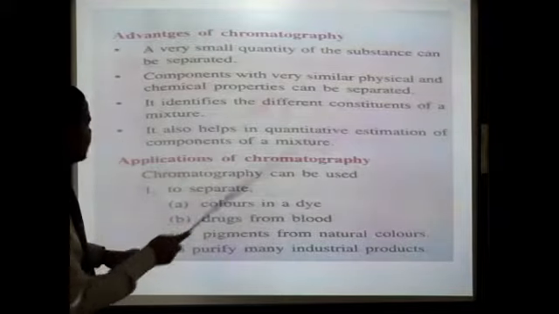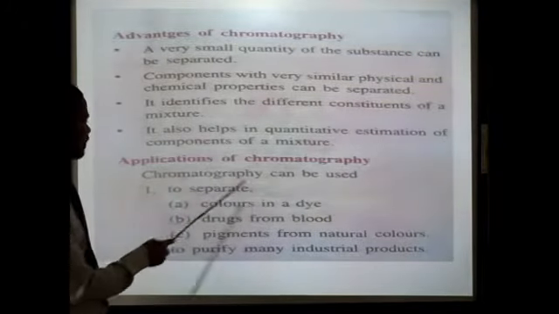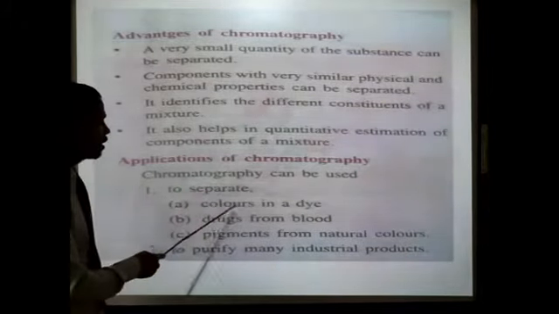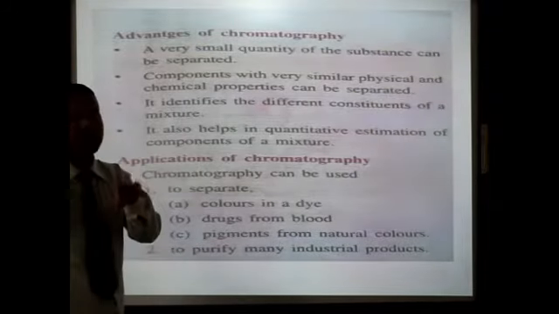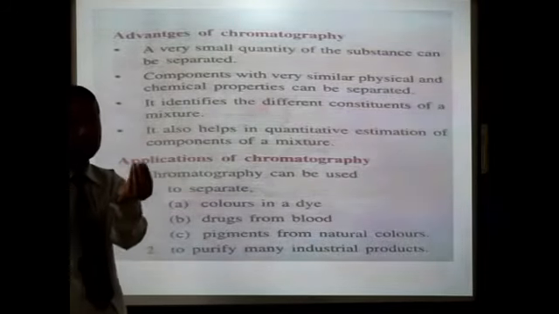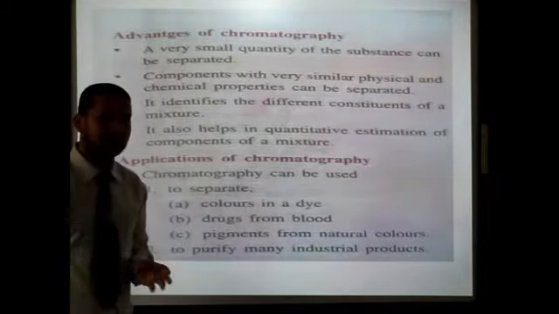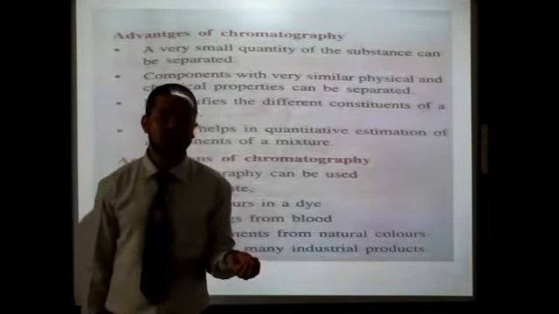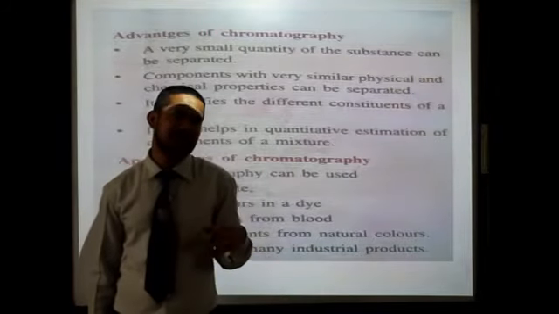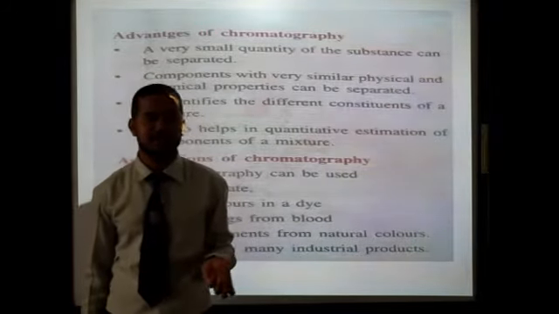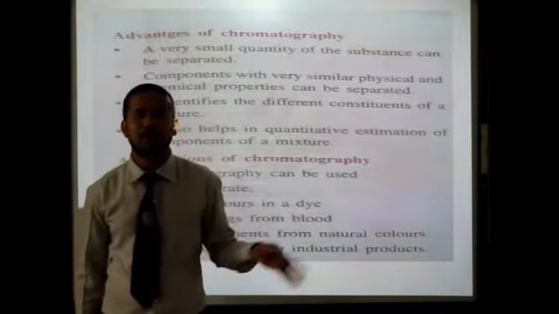Then what are the applications of chromatography? Chromatography can be used to separate colors in a dye. So what are the colors present in a particular color-imparting substance? Drugs from blood. Nowadays, generally when an accident takes place, they send blood for testing.